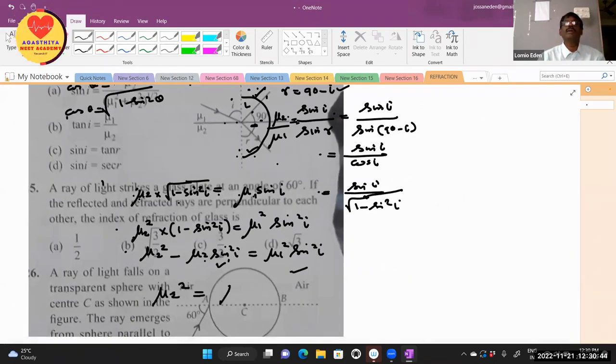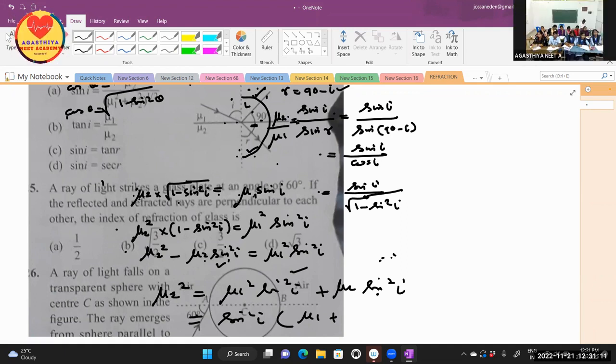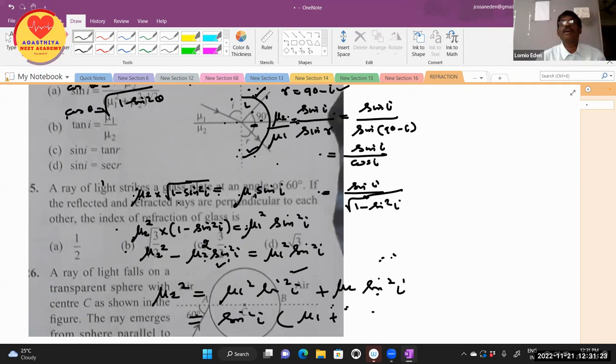Mu2 squared equals mu1 squared sin squared I plus mu2 squared sin squared I. Sin squared I, take it common. Mu1 squared plus mu2 squared.